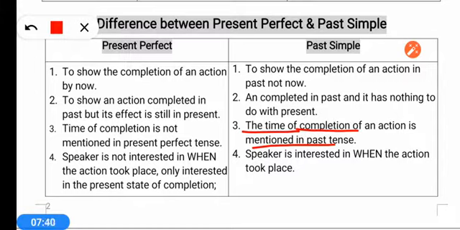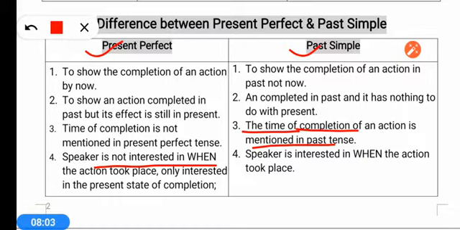Here the speaker is not interested in when it happens. The same thing is repeated here, but for giving emphasis I have added this point. The speaker is not interested in when the work was completed, that is in present perfect tense, but if the speaker is interested in when it happened, then we use past simple sentence.